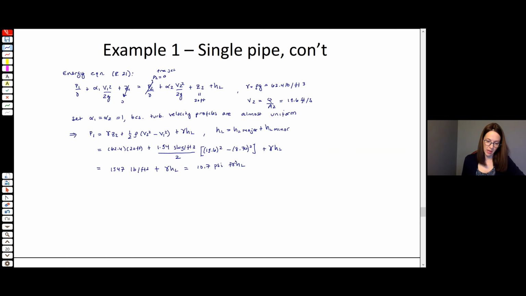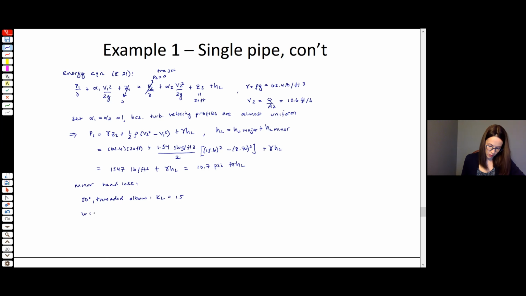Okay. So now we've got our major and our minor head loss. Let's go ahead and calculate the minor head loss. So for our 90-degree threaded elbows, KL is equal to 1.5, and we've got 4 of those.